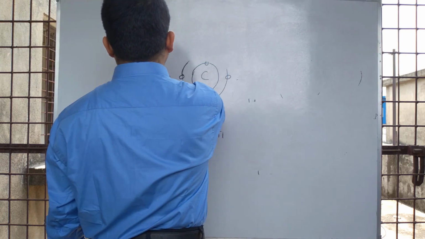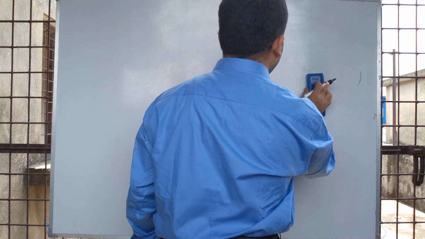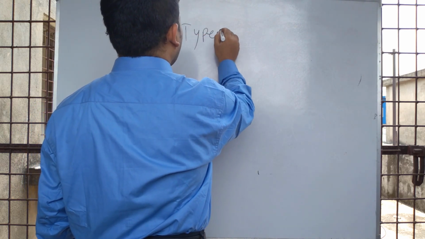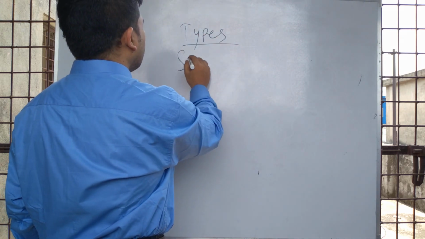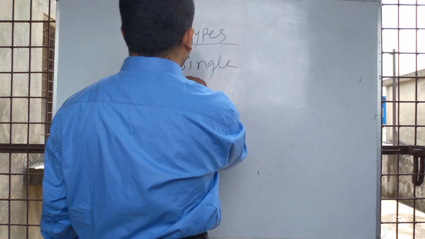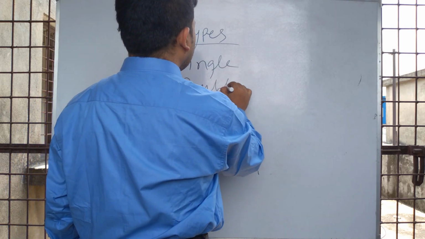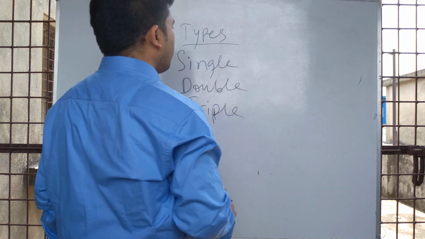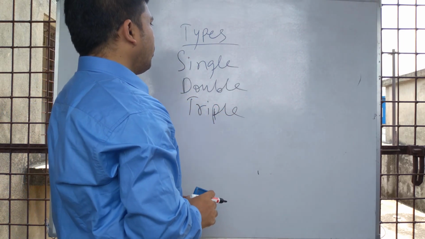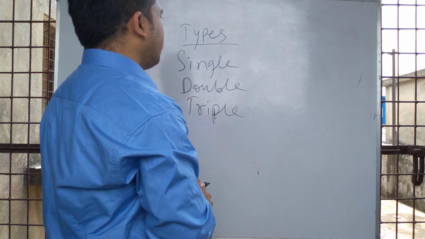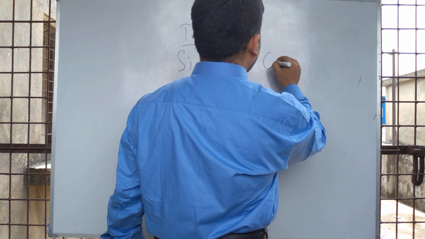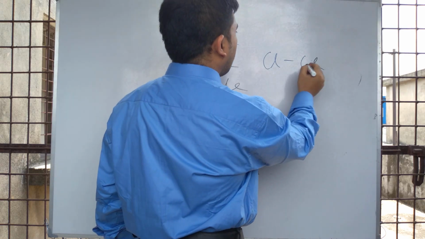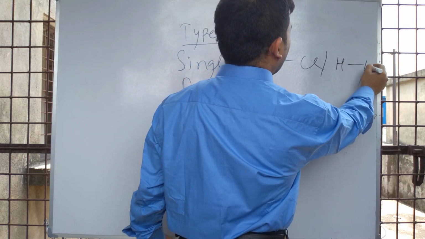Now we have to know what the types of covalent bonding are. Covalent bonding can be single, double and triple. A single covalent bond is, for example, Cl single bond Cl, or hydrogen single bond hydrogen.